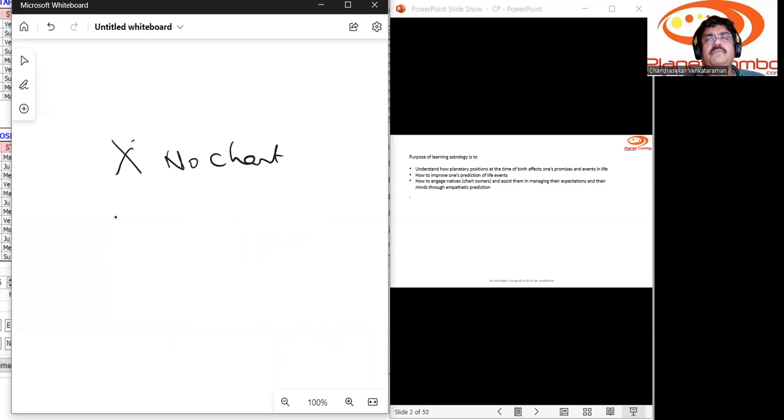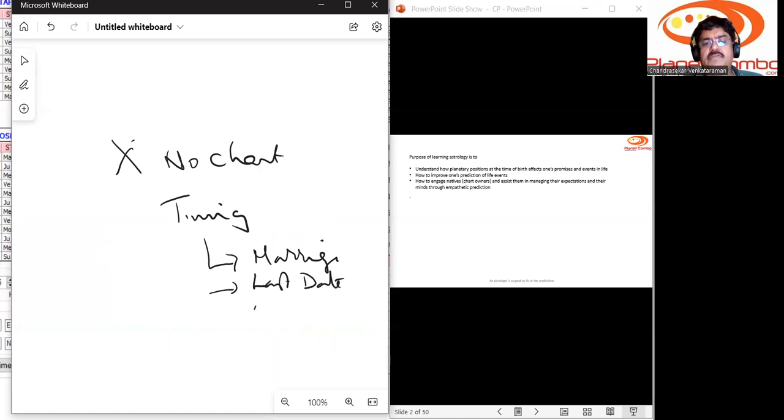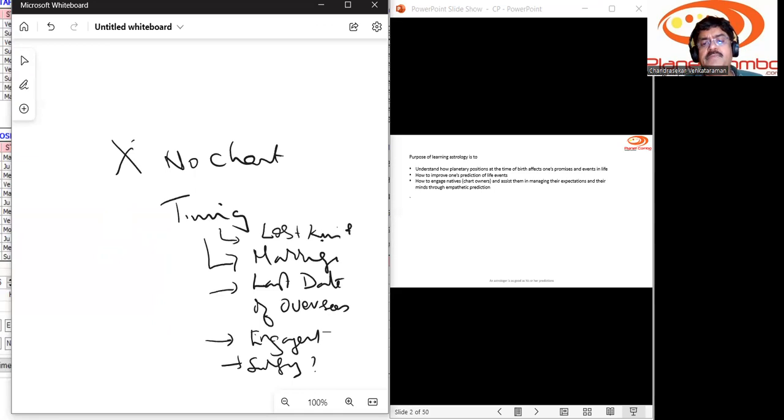What happens if somebody knows the date but doesn't know the exact timing? This is where we need to get some events from people's lives, like marriage, the last date of overseas travel if that person has already gone overseas, an engagement, somebody has gone to surgery, or somebody might have lost beloved ones, kin and kith, the date.